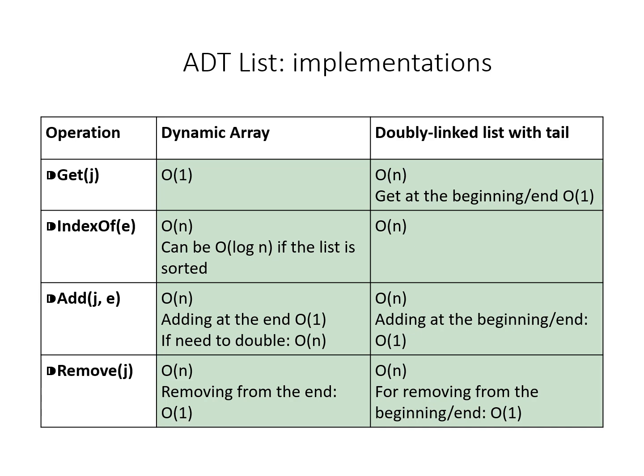And adding in the beginning and the end of the linked list also is done in constant time. Removing from the end of the array is cheap, big O of 1. Other than that, removing is always taking big O of n operations. And for the list, we can remove both from the beginning and the end in time big O of 1, given that we implemented it as a doubly linked list with tail pointer.